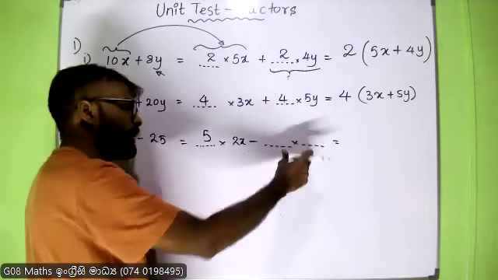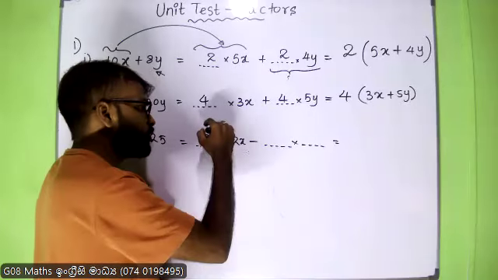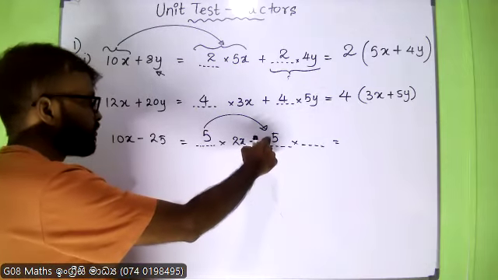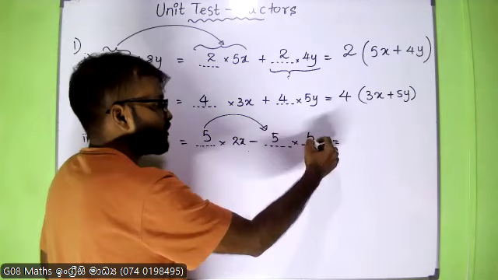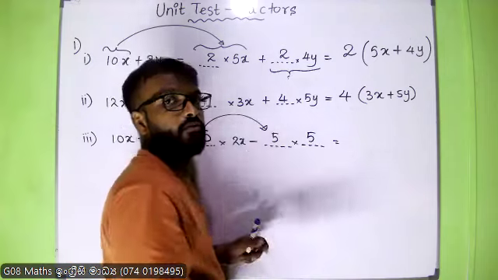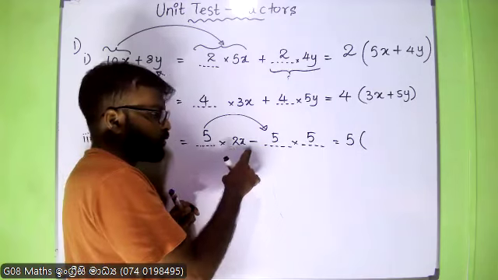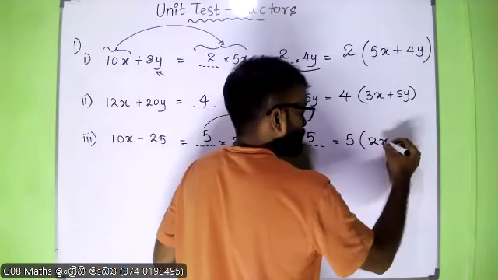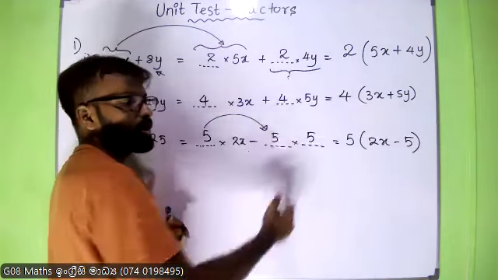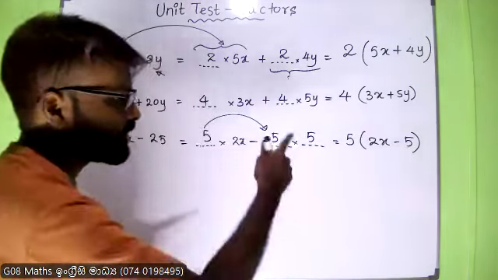Here you have a blank. If you fill this by using 5, so you know here also should be 5. So 5 multiplied by 5 will give you 25. So common factor is 5 for both terms. Take it out. The rest: 2x minus 5. If you take this 5 out from the bracket, remaining terms are 2x minus 5. That is the answer.